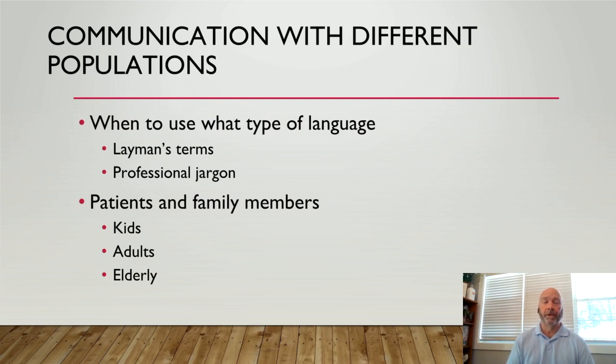So we're going to use layman terms in certain circumstances. We're going to use professional jargon. The word jargon gets kind of tossed out like it's a bad word, and professional jargon just means that it's language specific to a profession. So it's not a bad word. It's just words that maybe not everybody knows, and therefore you don't want to use a lot of professional jargon in front of patients or people who might not understand those words.